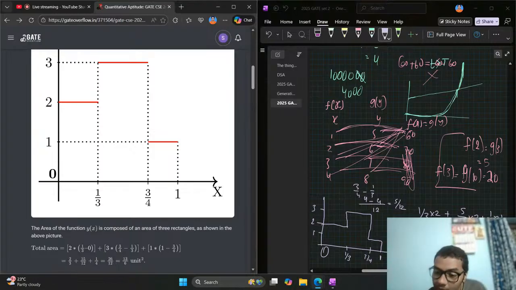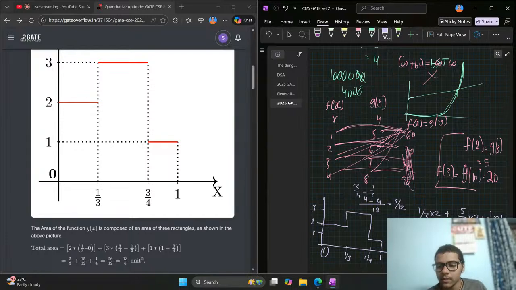What's the sum again? 15 plus 9, that's 24 only, right? 1 by 4 is 3 by 12, so it is 26 by 12.